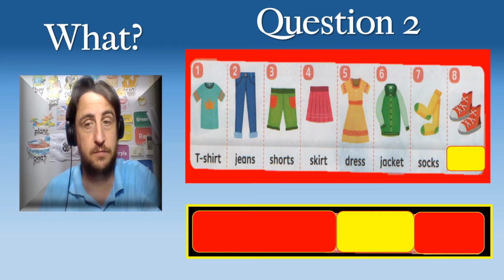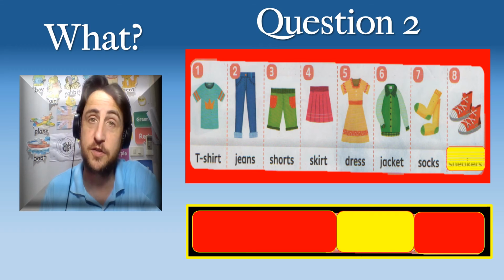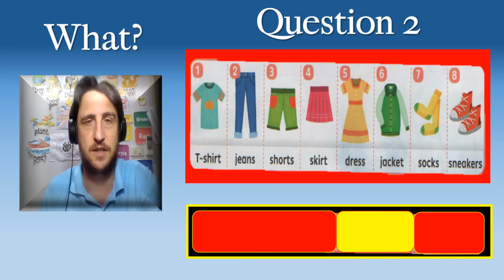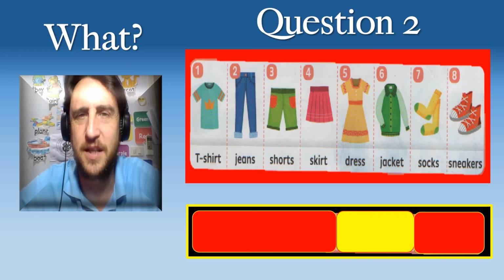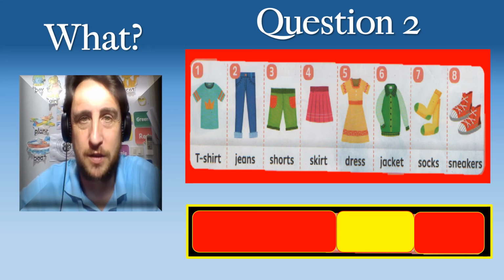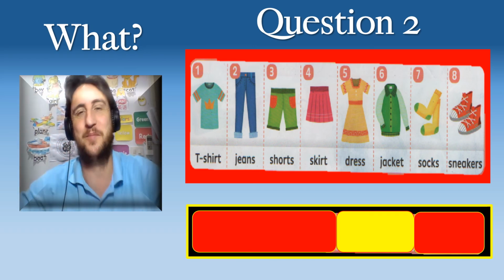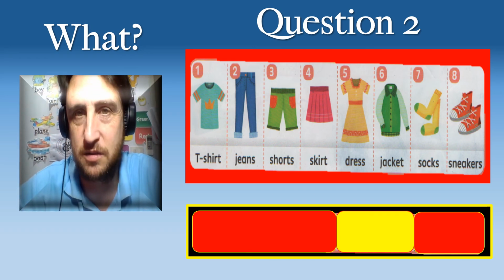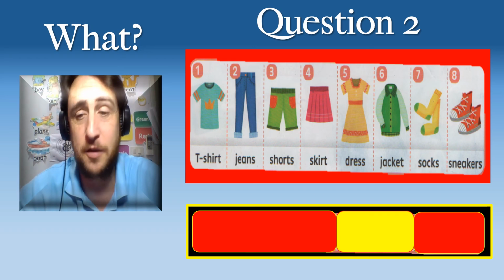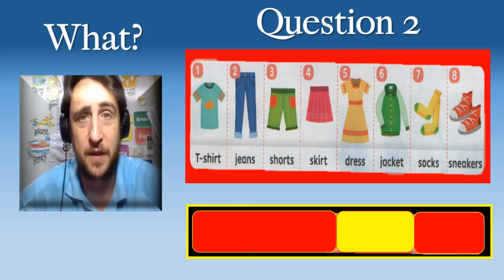Number 7, socks. And number 8, sneakers. What are sneakers? Yeah, they are sport shoes. Some people in America say sneakers. Some people in England say trainers. The book says sneakers, so you can say sneakers. That's okay. If you like trainers, you can say trainers.